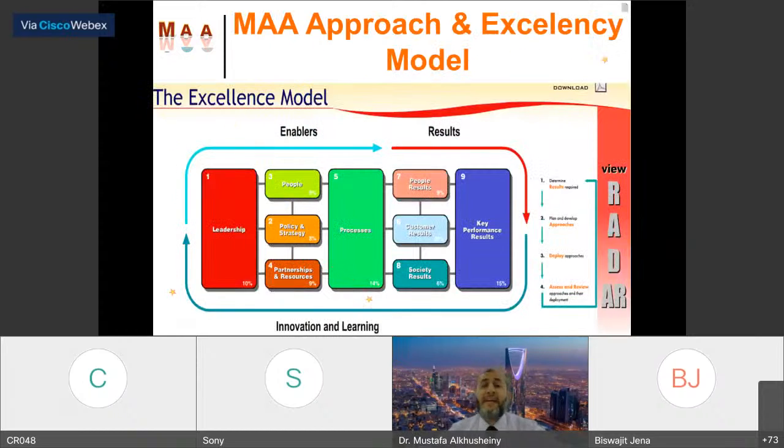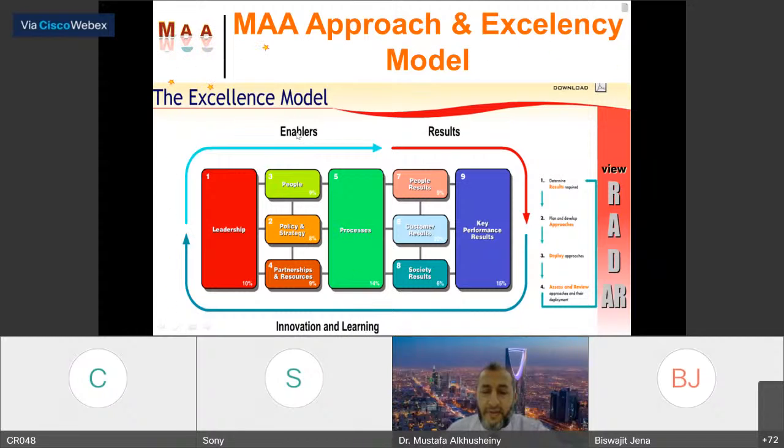Let us take a look at the excellence model, the international or global excellence model. As we see, any excellence model will focus on enablers and results. And through enablers and results, there is innovation and learning.